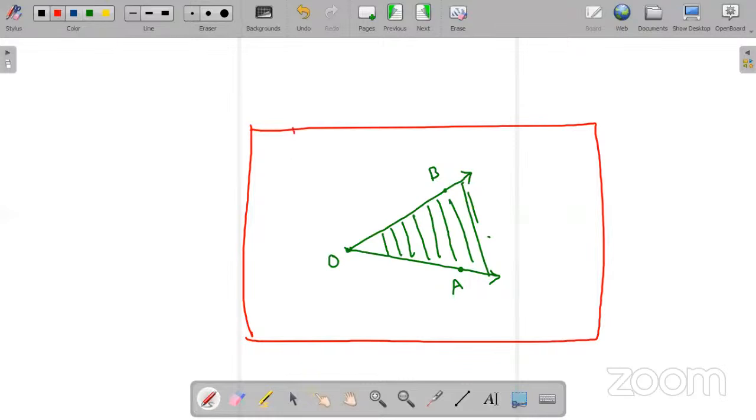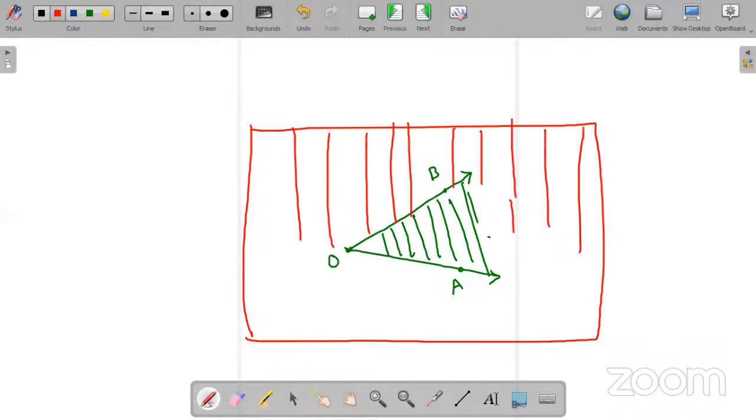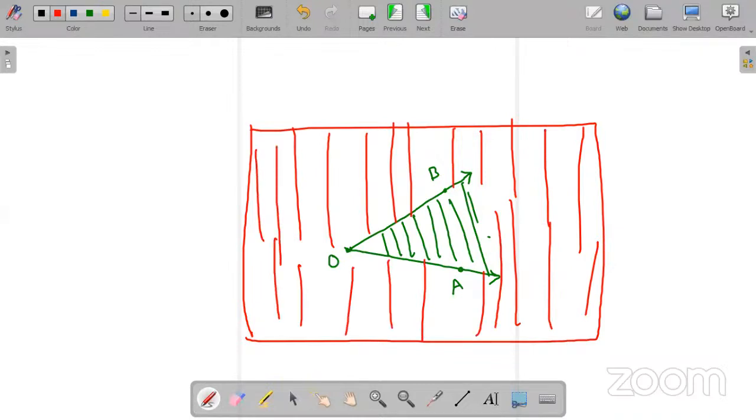Now shade this portion, which is not included in the angle. I will change the color to black.